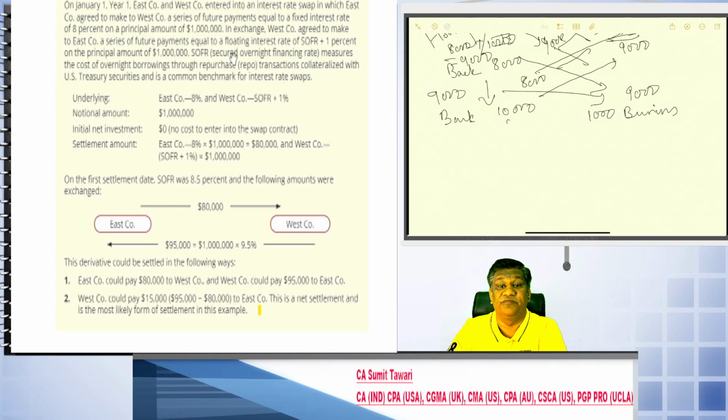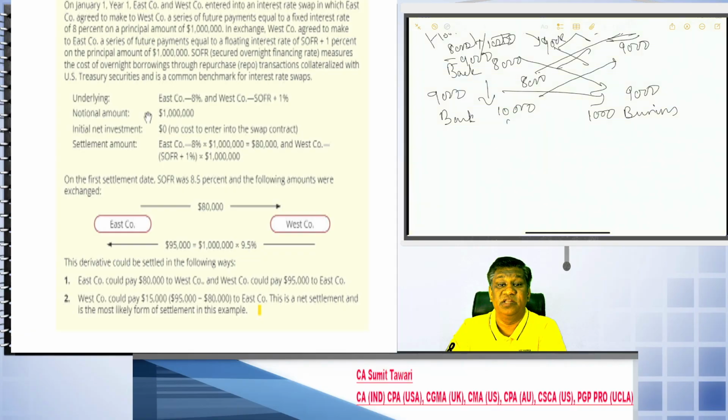SOFR is the Secured Overnight Financing Rate. It is basically whatever the current SOFR is, plus 1%. It measures the cost of overnight borrowing through repurchase (repo) transactions collateralized with US Treasury securities, and is a common benchmark for interest rate swaps.